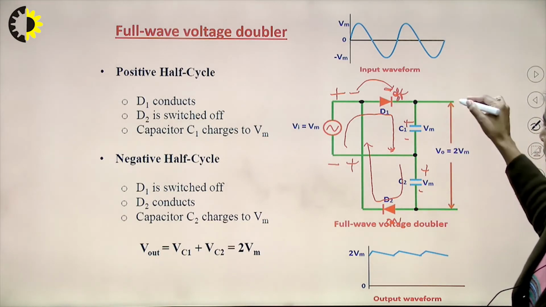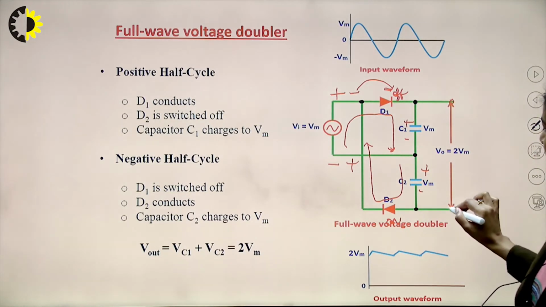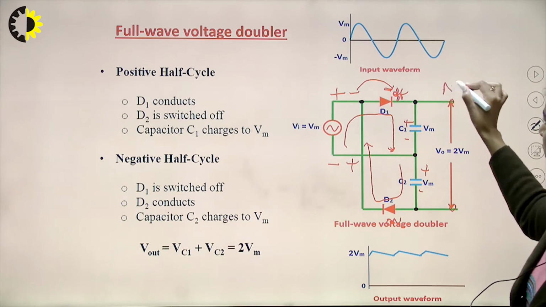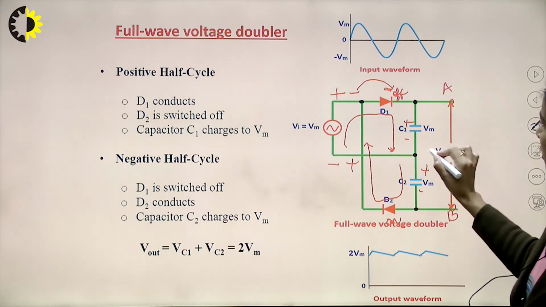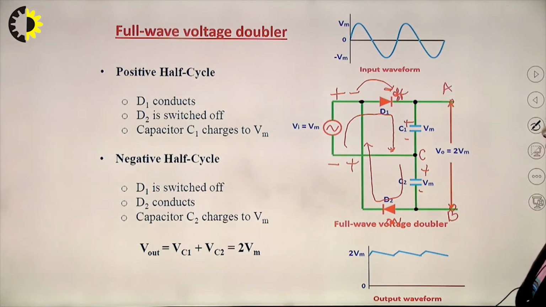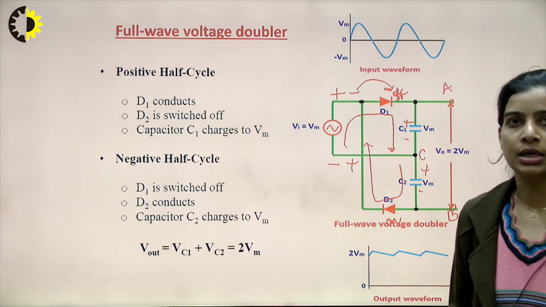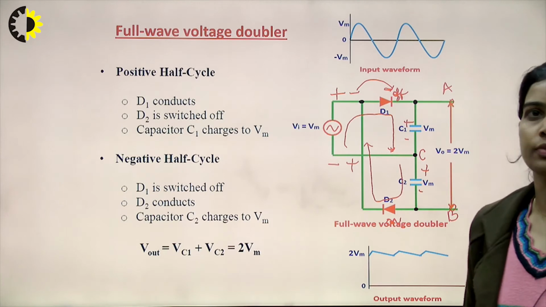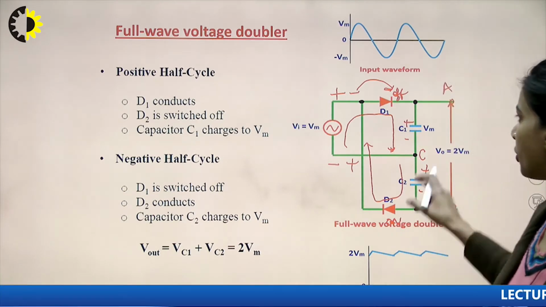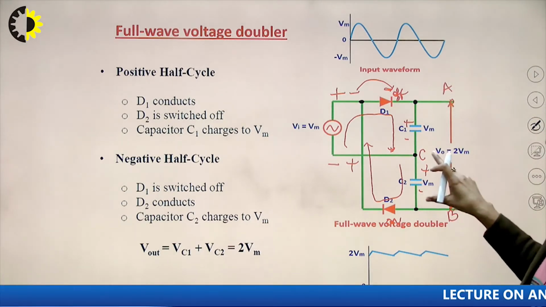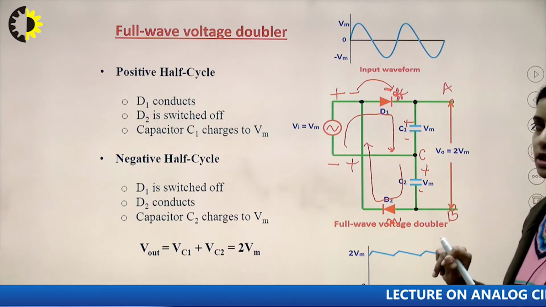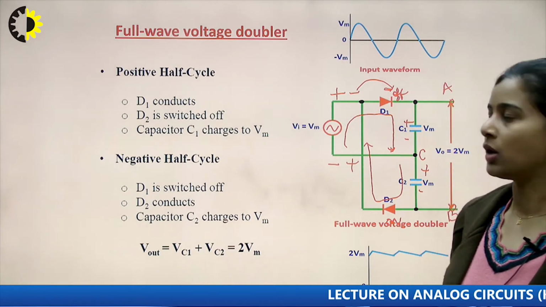Now we are taking the output across node A and B, and if I say this is node C, then node A to C was charged, or having the voltage value of Vm, during the positive half cycle. Now C to B is having voltage Vm for the negative half cycle.